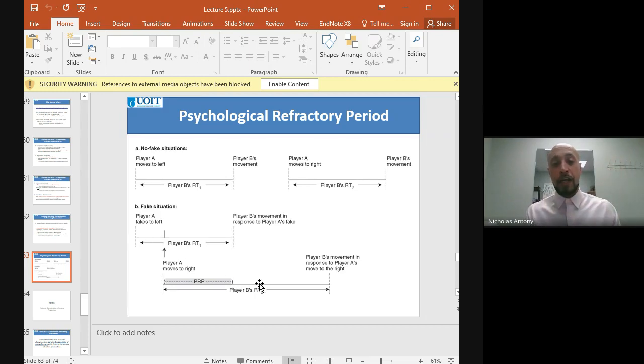What they find is the reaction time has increased, because the body had already implemented one motor program. There's a refractory period where it needs to follow through with the motion it initiated before it can create a second one. Does that make sense, everyone?